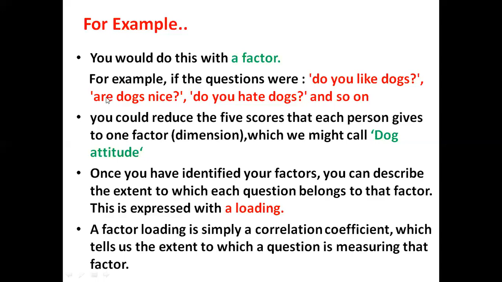Do you like dogs? Are dogs nice? Do you hate dogs? All this comes under one and only one factor, which we call a dimension, that is dog attitude, right? So now this is expressed with the loading. Of course, this loading is nothing but the correlation coefficient.